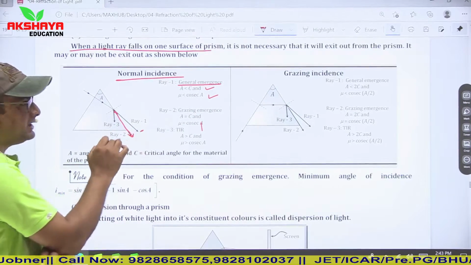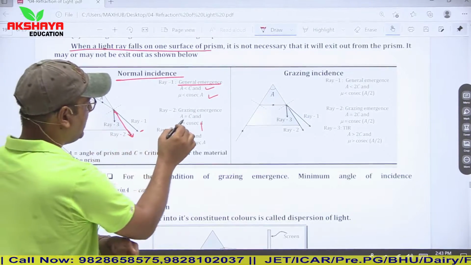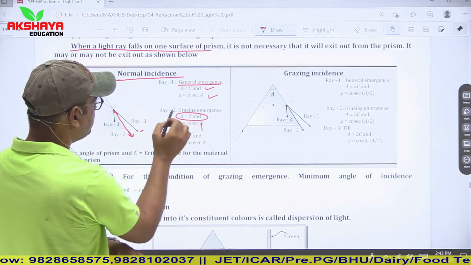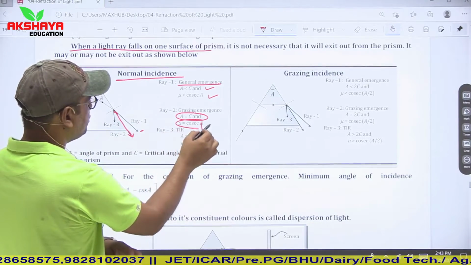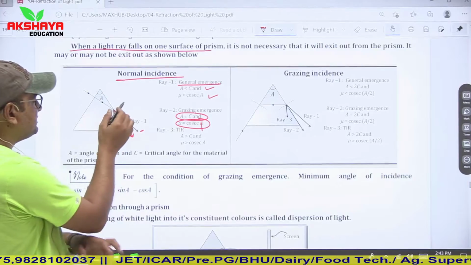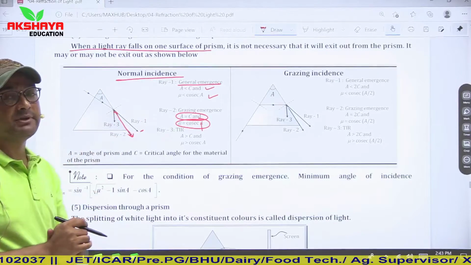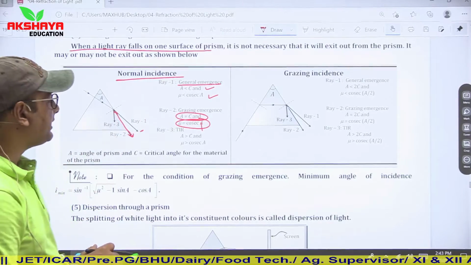Now the second one is grazing emergence. Grazing means along the refracting surface. In this case, A becomes equal to C and mu is equal to cosec A. And in the third case, the ray stays inside the prism, which means it has been totally internally reflected.